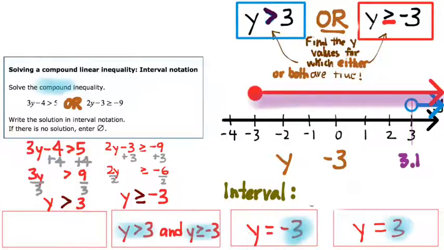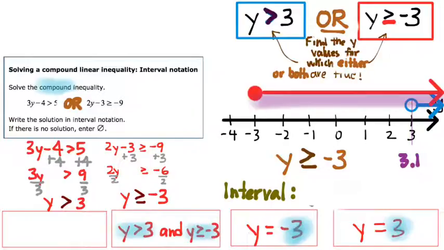What should I put in between the y and the negative 3? Which y's belong to my purple set? Those y's which belong to this solution are those y's which are greater than negative 3, and also y equals negative 3 is also a part of this solution. Right?